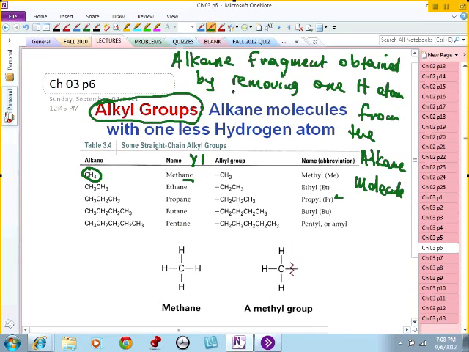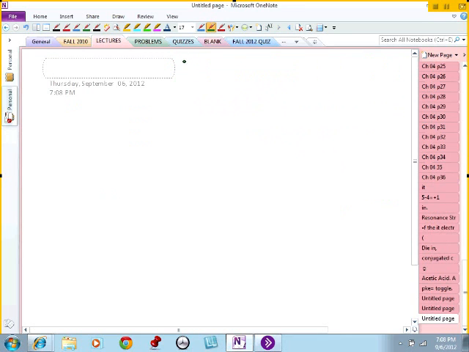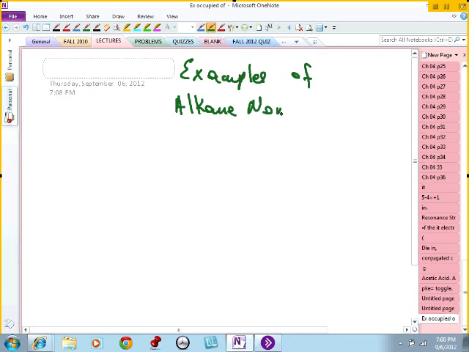Now, having said that, let us do some examples of alkane nomenclature. Let us start with this.